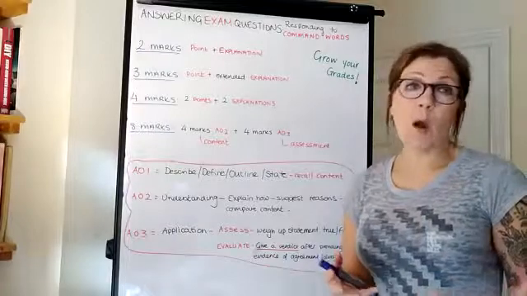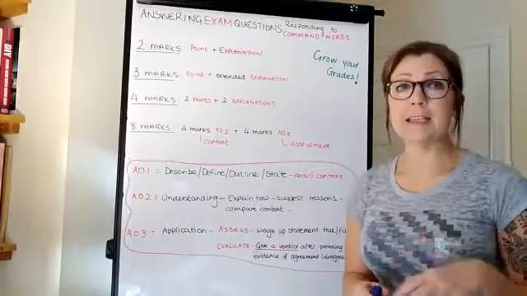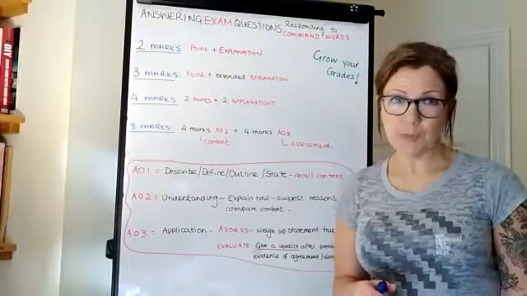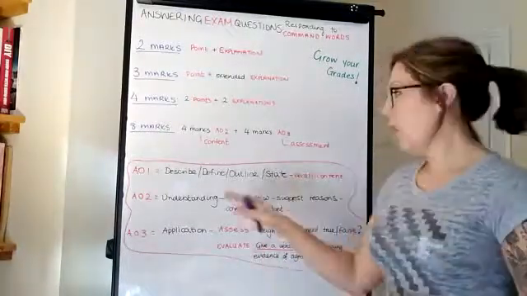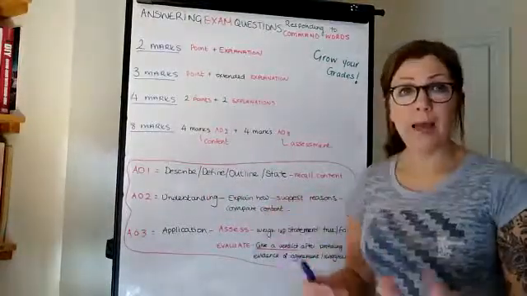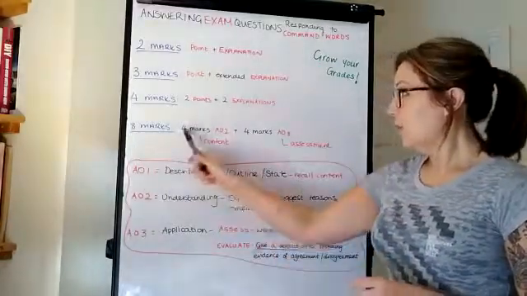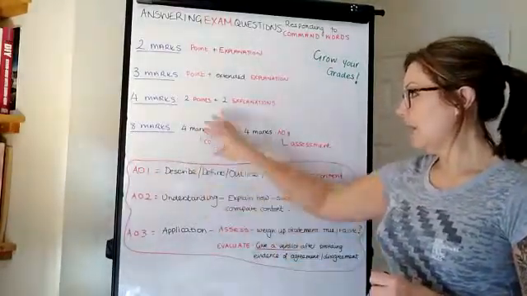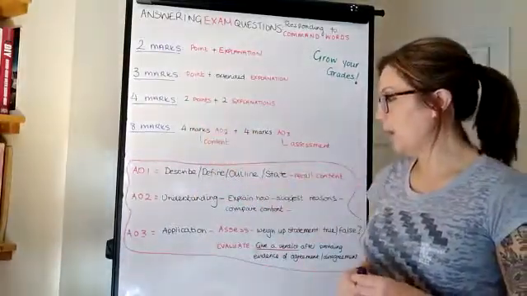So if you're talking about weathering, you're not just going to state a process of weathering, because that would just be stating it. You have to explain that process. So that will be AO2. It says here, explain how, suggest reasons or compare. Sometimes AO2 comes into it as well. So for our 8 mark question, that is our content really, our explanation, etc., for our AO2 in our 8 marks.